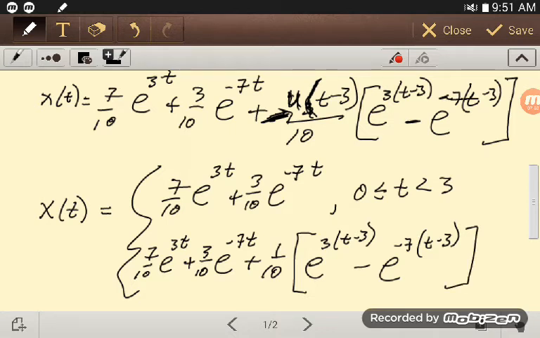So you can write it with the unit step function in there like we did up here, or you can write it as a piecewise function. But the point is, that's all that unit step function is doing. It's a way to do this piecewise function, but not have it look like a piecewise function. Is that aesthetically pleasing? I don't know.